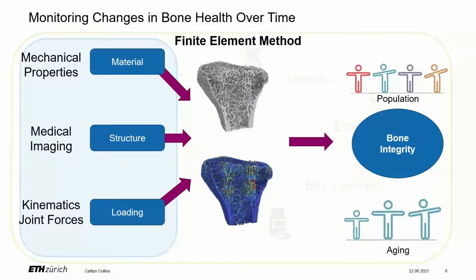We can take mechanical properties from experimental data, use imaging data from individual patients, and take kinematic data or joint forces in order to apply loading to our models. Combined, this could give us a better picture of bone integrity across the patient population, like type 1 or type 2 diabetic patients, and can also be used to track changes longitudinally. We could theoretically track changes in an individual's bone mechanical properties over time.